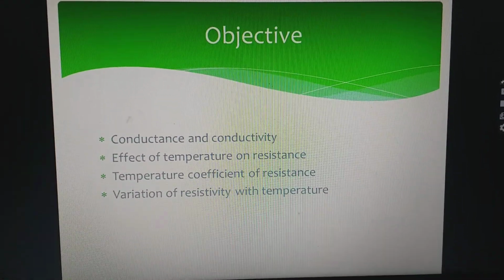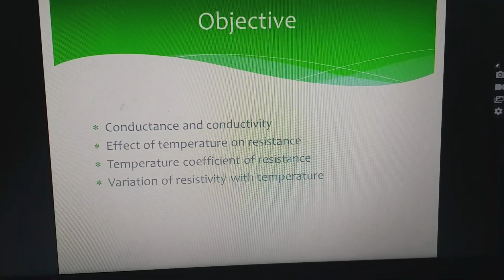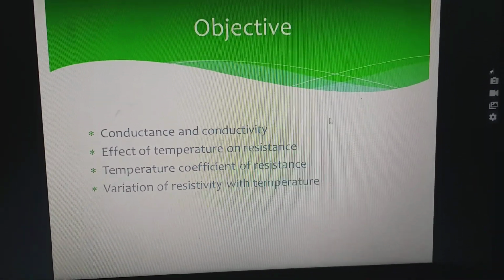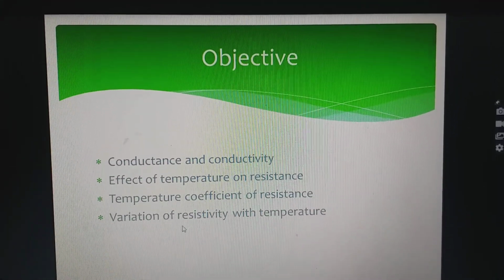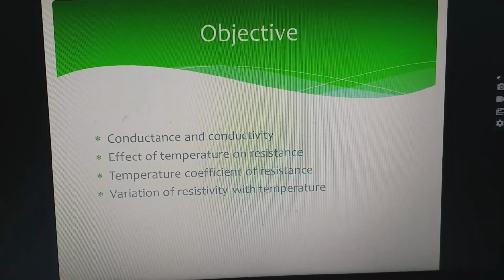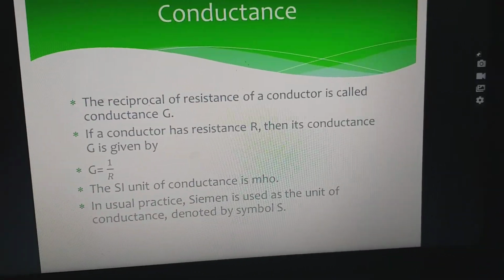After listening to today's lecture, you would be able to understand conductance and conductivity, effect of temperature on resistance, temperature coefficient of resistance, and variation of resistivity with temperature. We are going to discuss all of them.